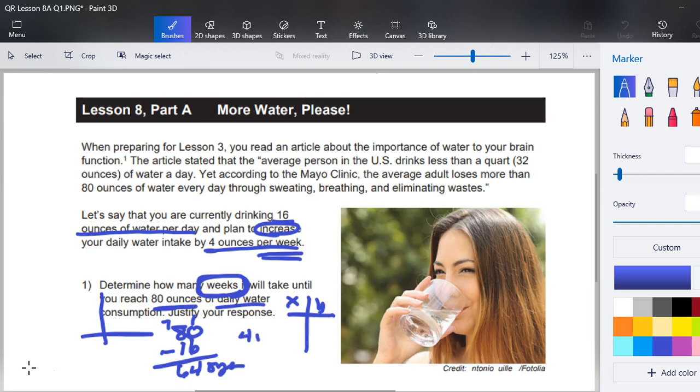One thought is that we could divide 4 into 64, and we'll get that we have 16 weeks. In other words, just a side thought, if we started with our current 16 ounces, and we plan to increase it 4 ounces a week, then at week 1, we would increase it to 20.